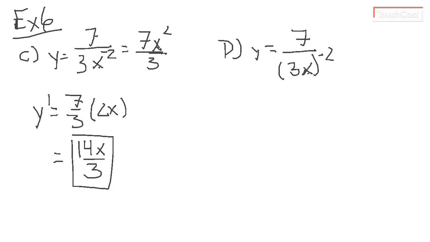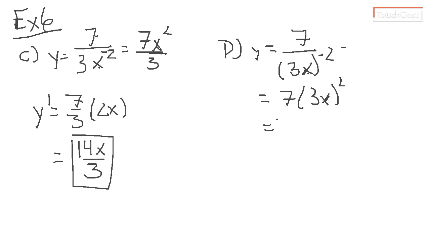So we're going to, just like the last one, start by rewriting this, bringing any negative powers to the numerator. So this is going to be 7 times 3x to the power of 2. Now with order of operations, we do need to start by using our exponents. So we can still simplify this a little bit more.